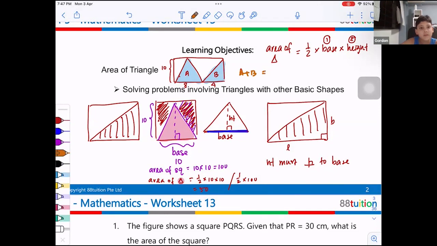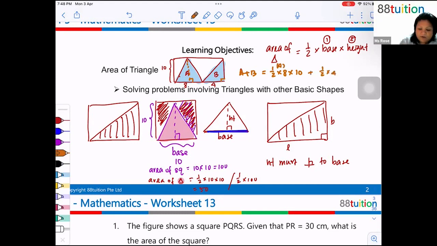That means 8 plus 4, I think. So you must find the area of the triangle, right? The area of triangle A is half times base times height, which is 10. That's for A. And for B will be half times 4 times 10.